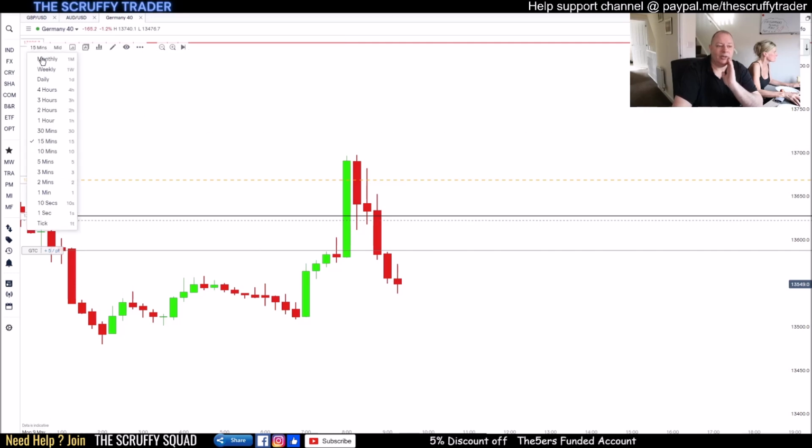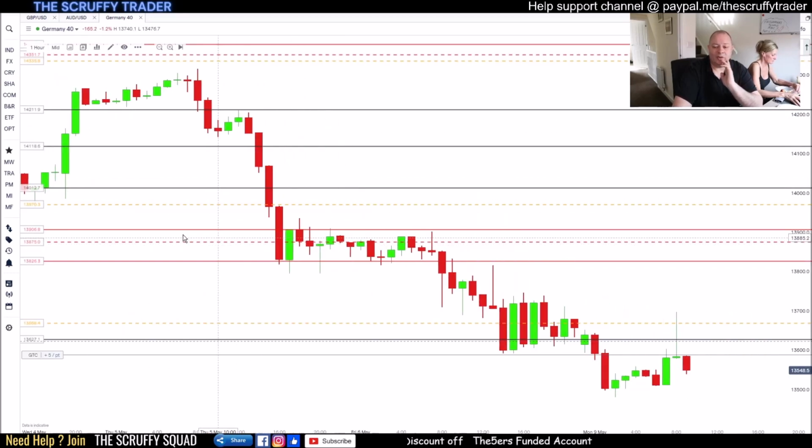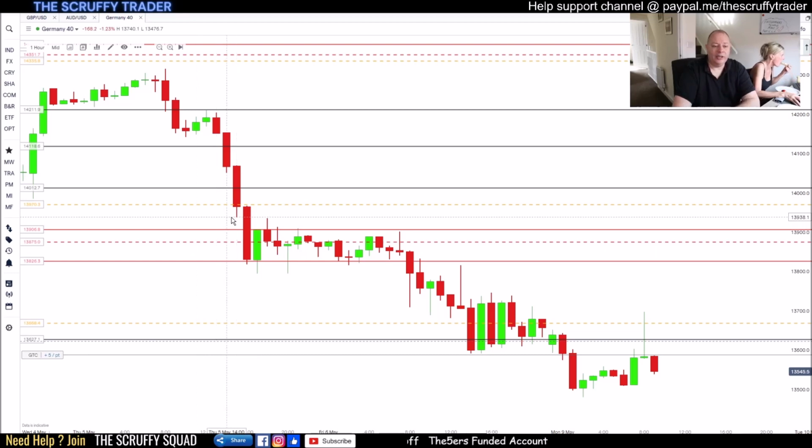So where did the premise come from in the first place? Well, if I come out to the hourly, we can see there was a drop here, consolidated, made no attempt to go back up, but there was a lot of tail starting to come to the underside. It dropped off again.